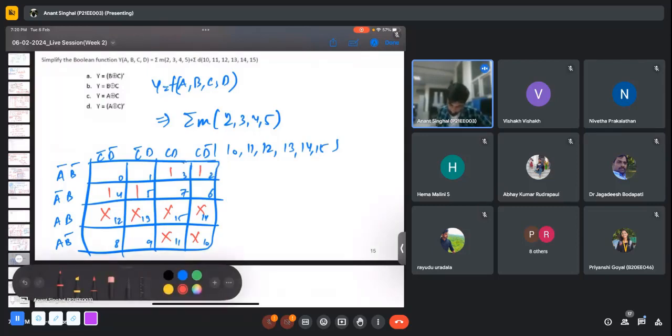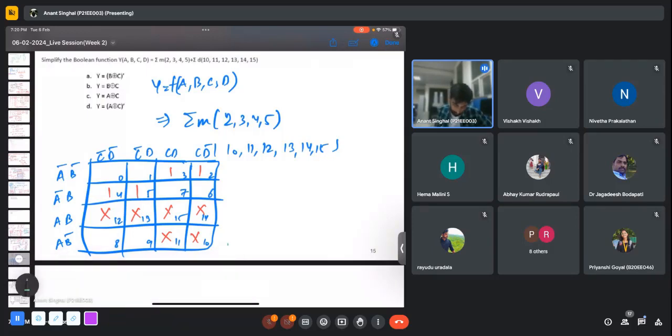So what I can see is I have one as this quad, and this one will be covered by this. There are only two quads. The first is giving B C complement, and the second is giving C B complement.